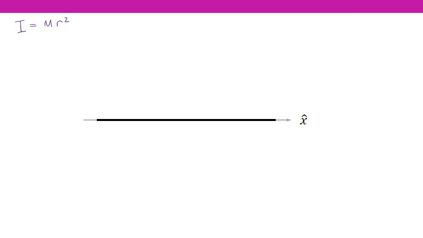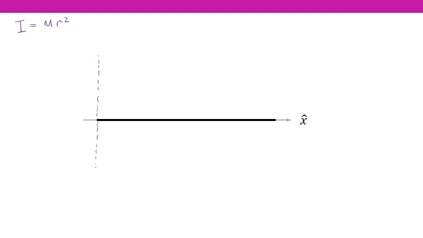But we don't have a point mass, we have a line. So let's see how we can use integration to find the moment of inertia about some axis. Let's choose an axis, for example, that runs through the end of this line of mass.